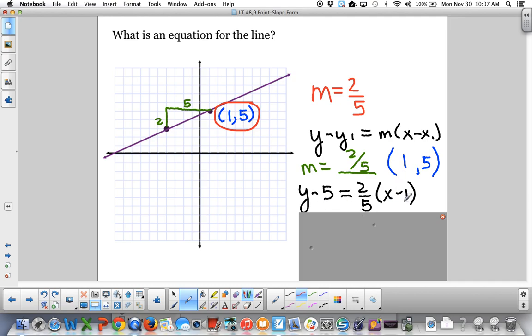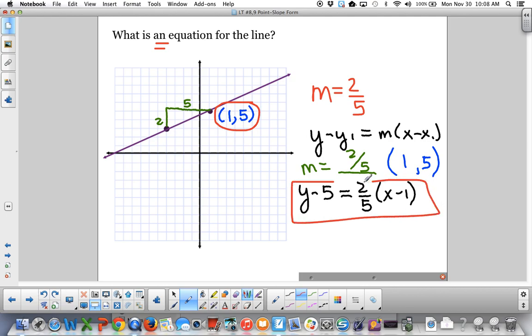It gives us an equation. It's in point-slope form, but it's still an equation. Now, if you want it in slope-intercept form, you could distribute this in and then add 5 to both sides. But it just says an equation. So this will do. Point-slope form for this line.